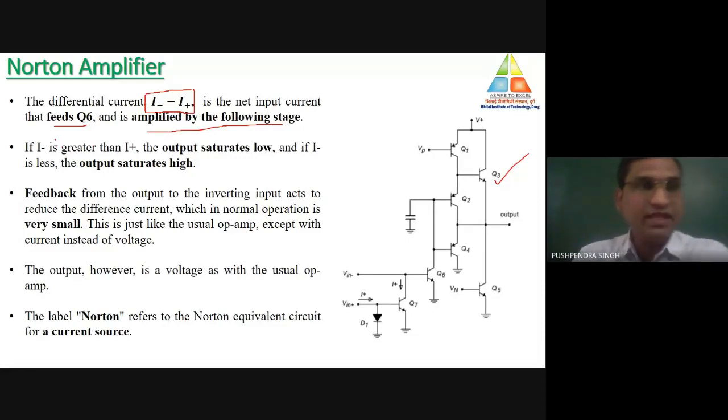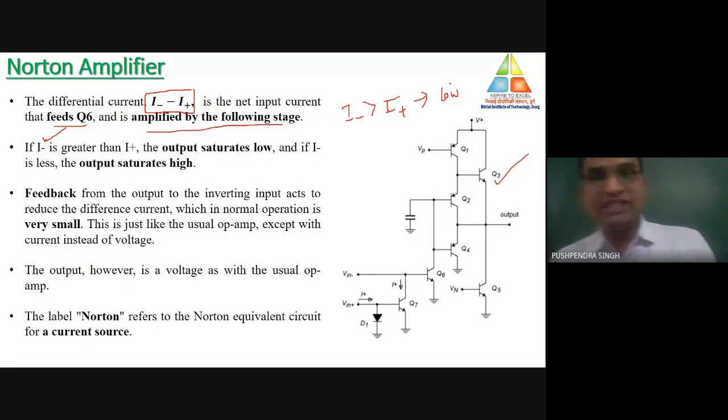When the value of I minus is greater than I plus, the output will saturate low. That means when the inverting terminal current is greater than the non-inverting current, the output will saturate low.